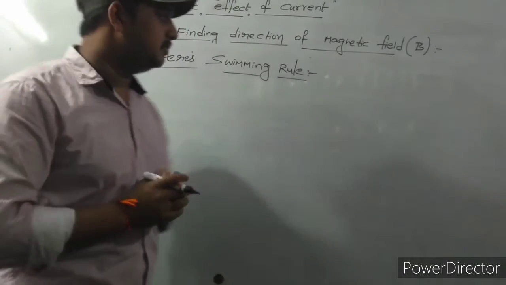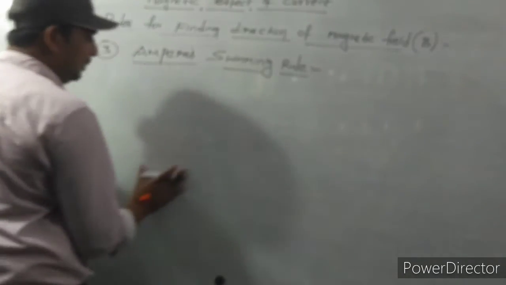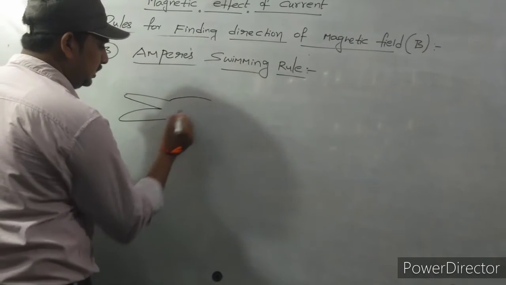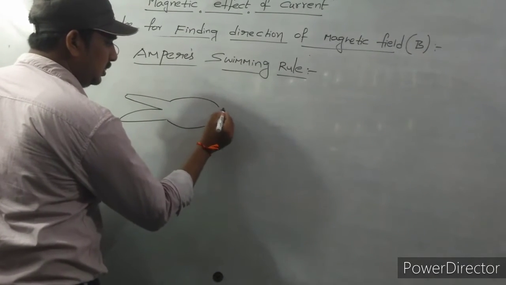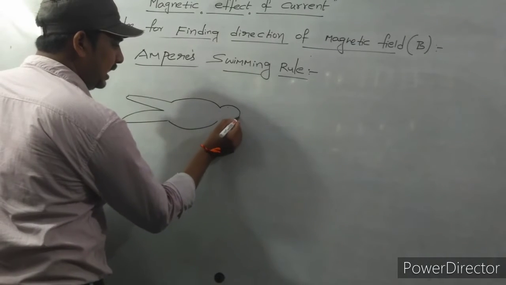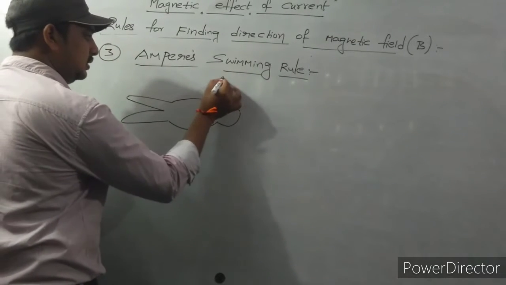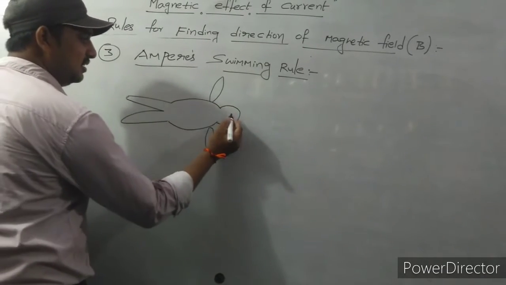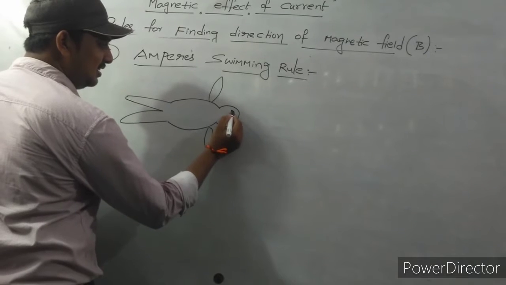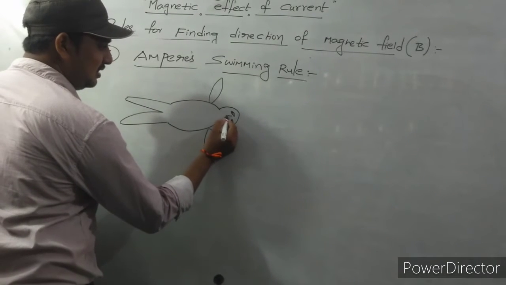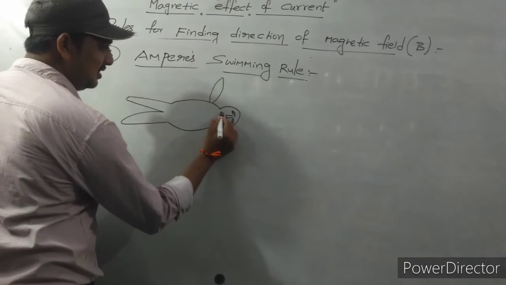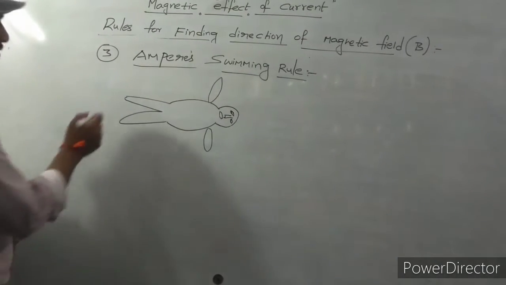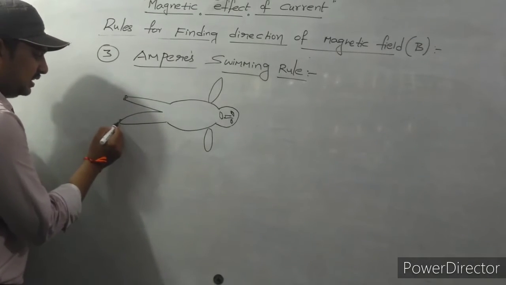So please observe carefully. For example, if we consider some person, here is one person.